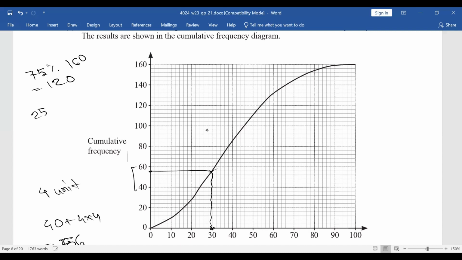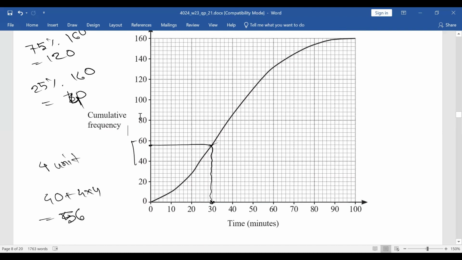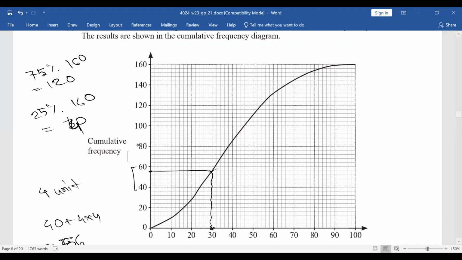And 25% of 160 is, sorry, 40. Yes. Okay, so 120 and 40.